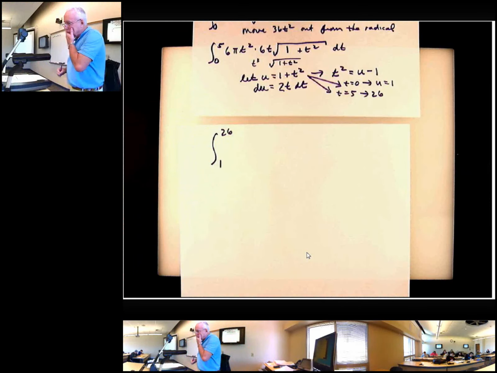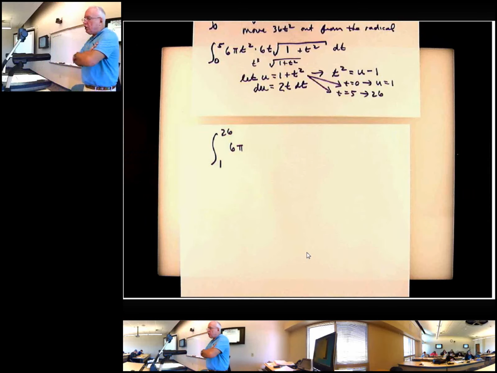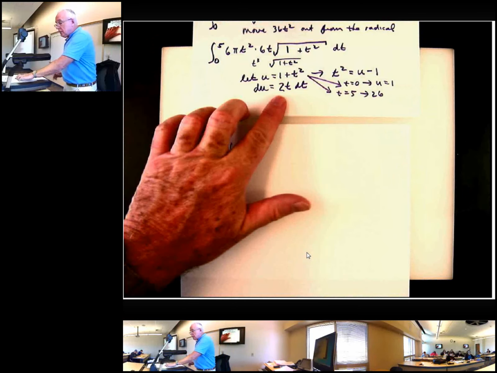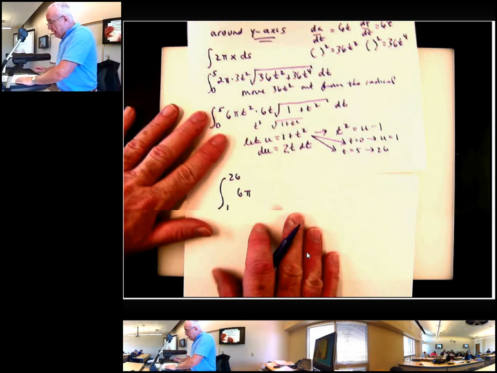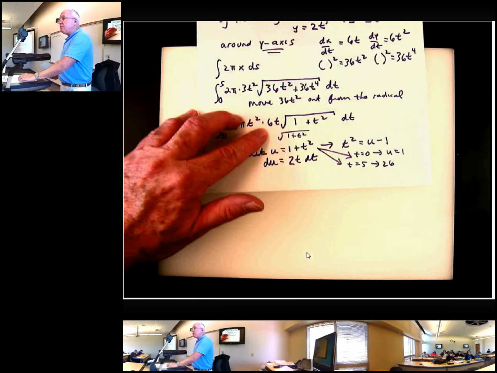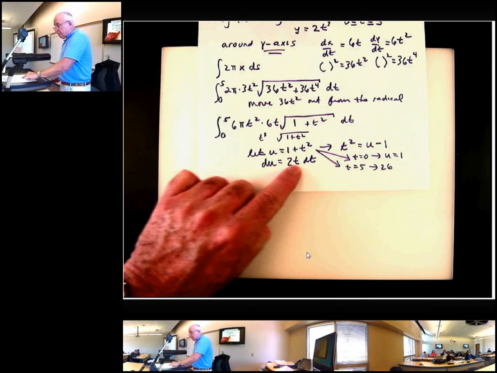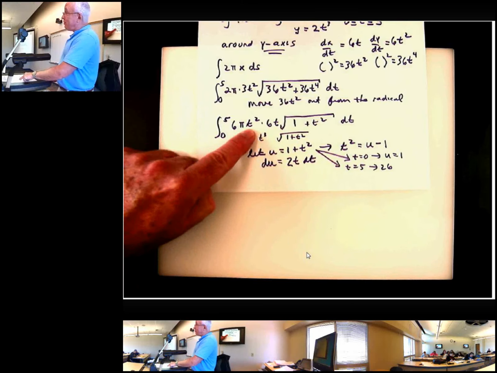All right. Now, we have 6 pi. Now, we have t cubed. We need to save one of those t's for the du, right? In fact, keeping it written like this would even be more helpful. I know I have to save a t for the du, but what I have left over is a t squared.